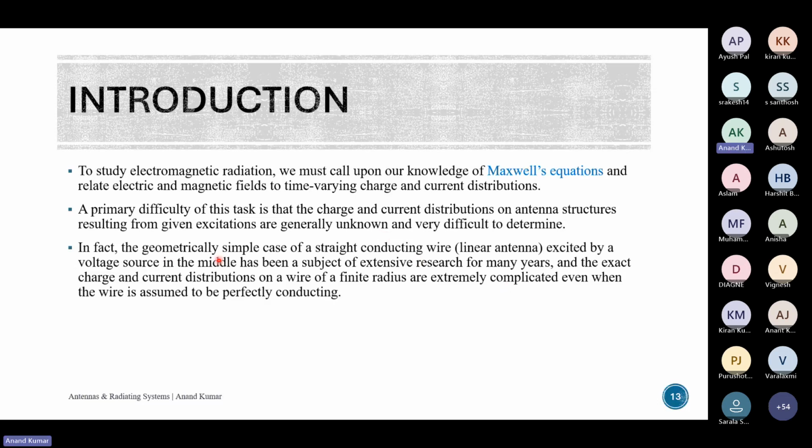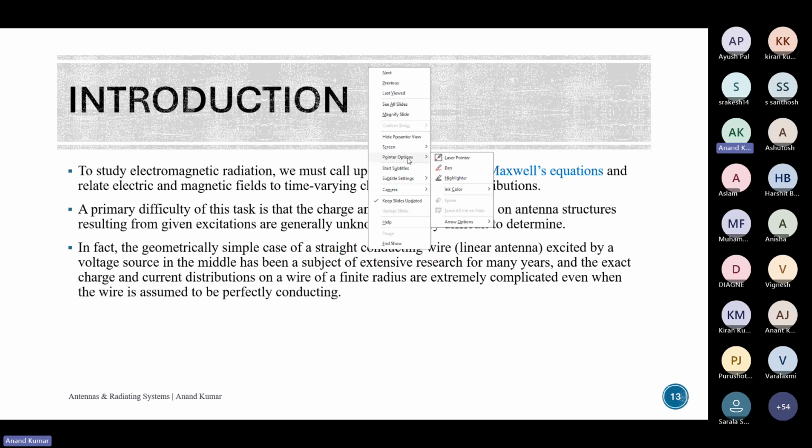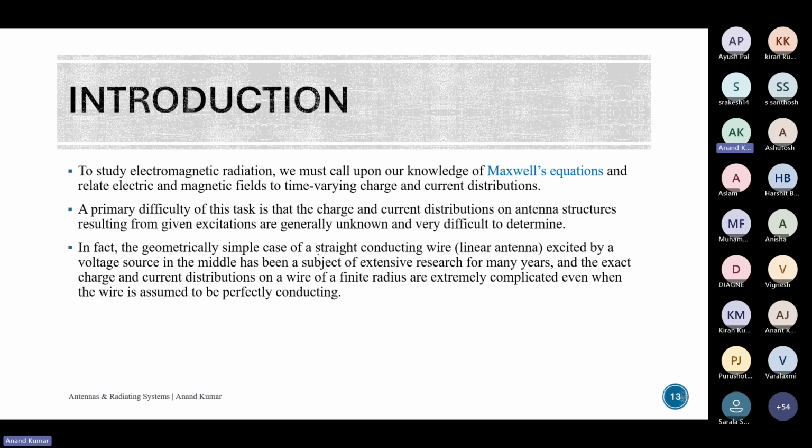If you consider a geometrically simple case of a straight conducting wire, let me switch to a pen. A straight conducting wire is a linear antenna. Even for this simple geometry, excited by a voltage source in the middle, research is still being conducted on how it radiates and the exact charge and current distributions on the wire. When we do the maths, the wires are usually simplified a lot.